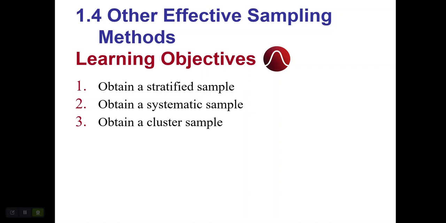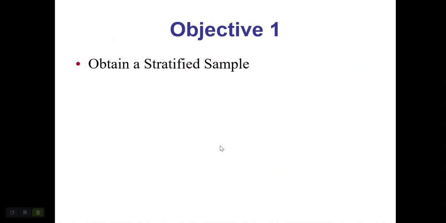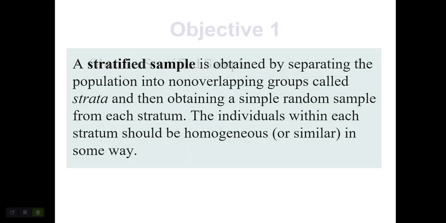We only talked about the simple random sample earlier, but now we're going to talk about stratified, systematic, and cluster sampling techniques. Those are a little bit more in-depth than just a simple random sample. So how do you obtain a stratified sample? Well, the simple random sampling technique is good, right?